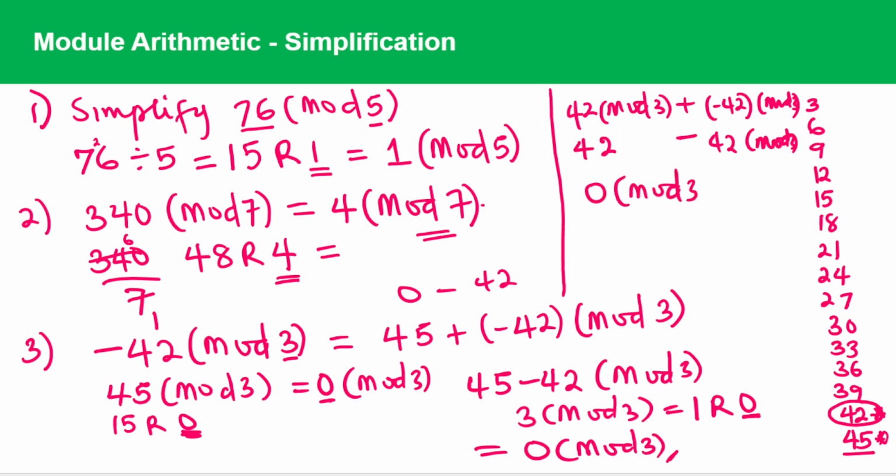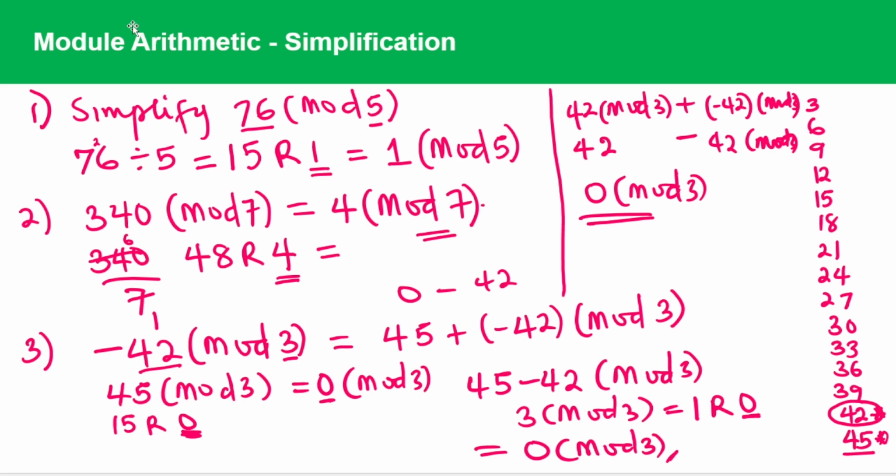So we arrive at the same answer. Any multiple of 3 that is equal to or greater than 42 will give me the same answer. So this is how you turn a negative number into a positive number.